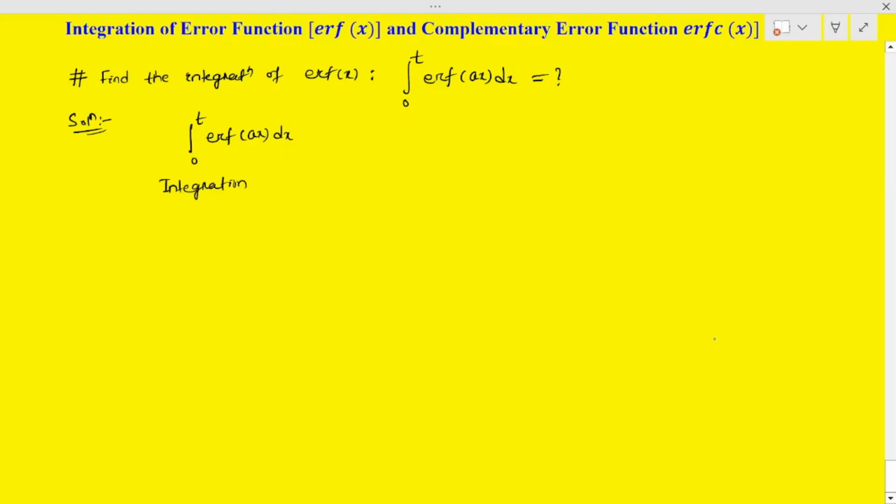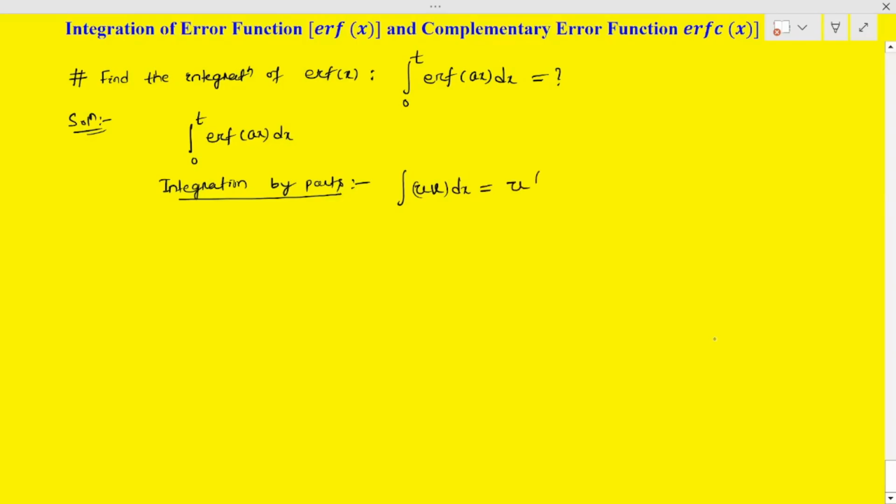Do you know about integration by parts? I am going to write the general form of integration by parts: if we have two functions u and v, integration of u v with respect to x, where u is your first function and v is your second function, then what we have to do?